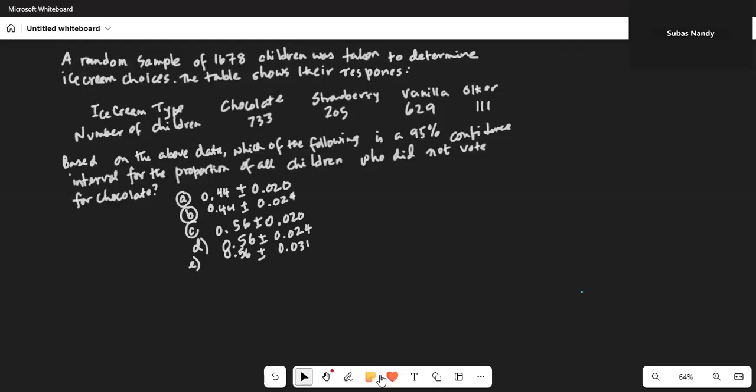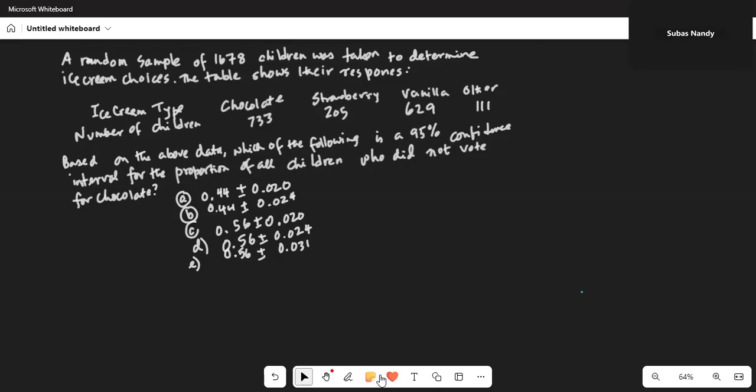We have four kinds of ice cream types: chocolate, strawberry, vanilla, other, and the number of children who selected each category. Based on the above data, which of the following is a 95% confidence interval for the proportion of all children who did not vote for chocolate?